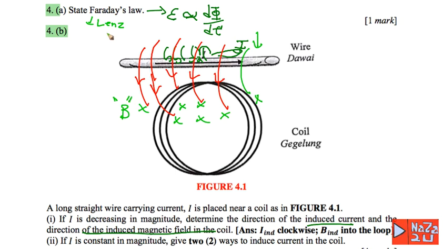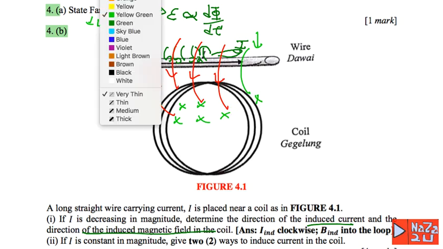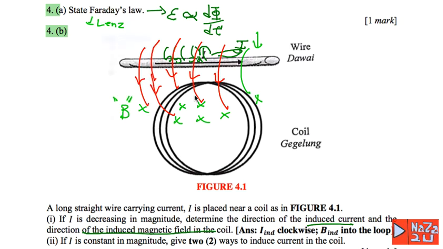So according to Lenz, you must have another B, using the blue color, that can oppose. Because B is decreased, to oppose it, you must increase.